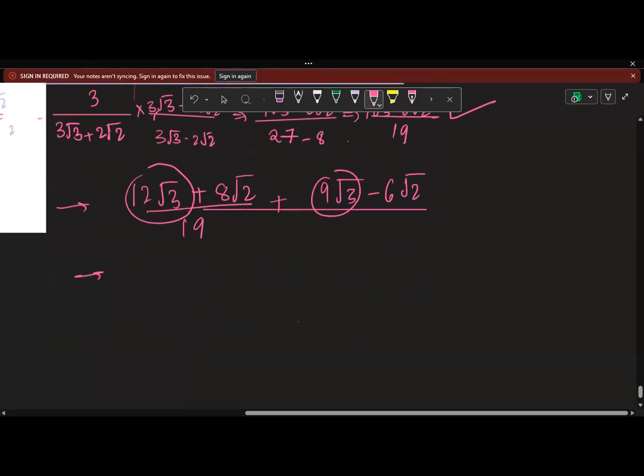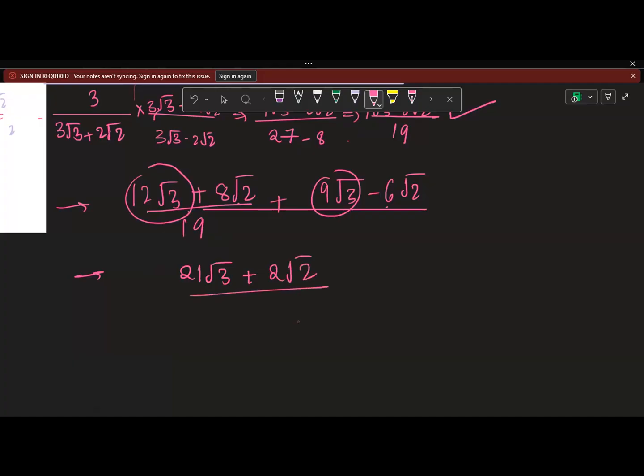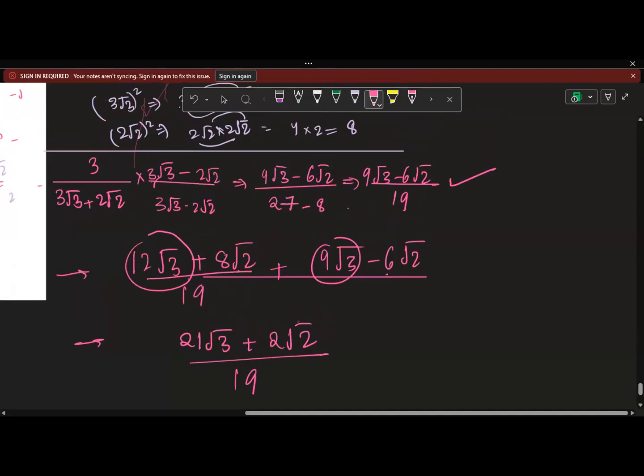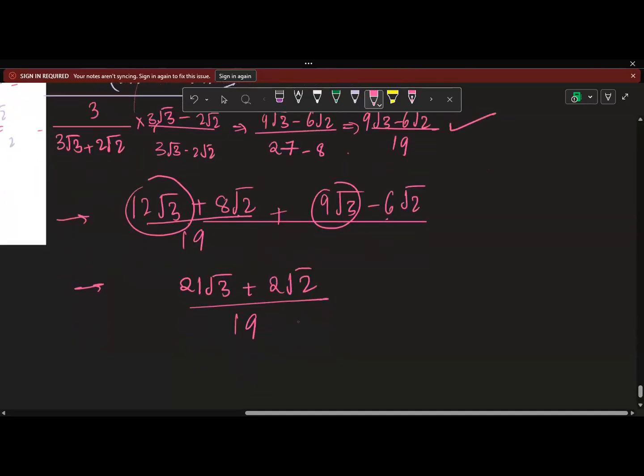So 12 root 3 plus 9 root 3, first of all, we will do. So 12 plus 9, children, you will do. So that comes out to be 21 root 3. And 8 root 2 minus 6 root 2 is plus 2 root 2 divided by 19. We have to subtract, right? Remember, we don't have to subtract, you have to add, so you get 21.